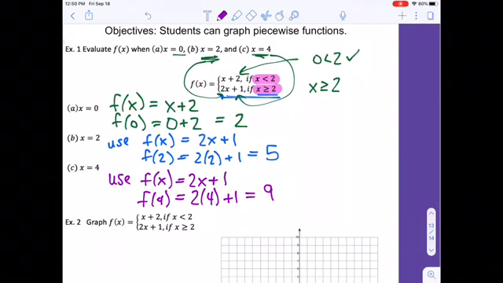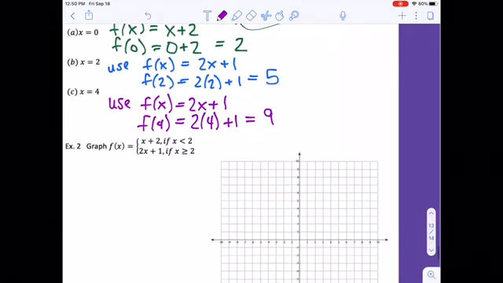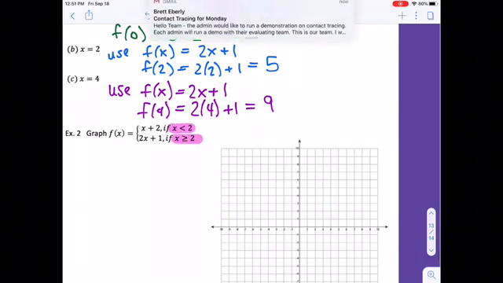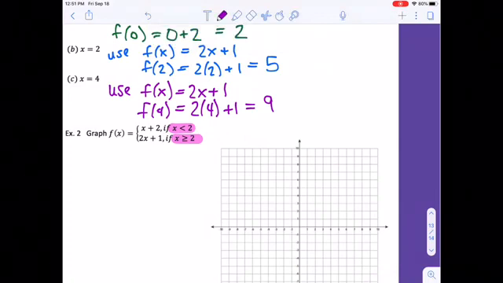The next examples, the rest of them in this lesson, are graphing. And piecewise functions means that we will have 2 or more pieces to our picture. Okay? So, first, look at your inequalities. In this case, x's are either less than 2 or greater than and equal to 2.